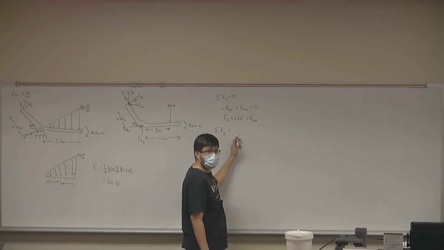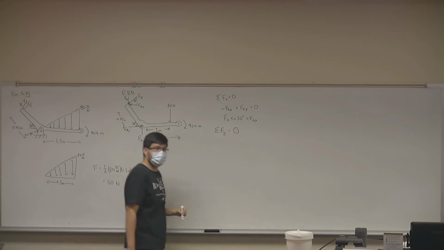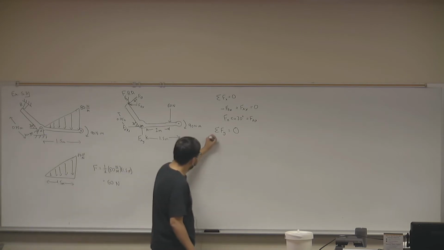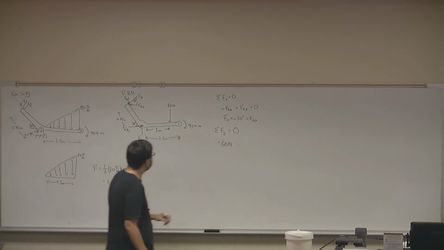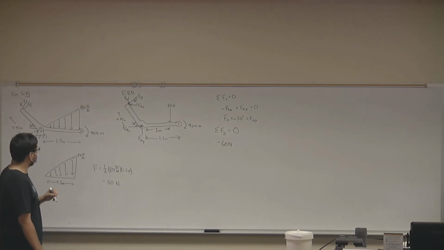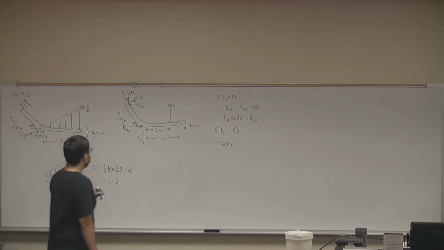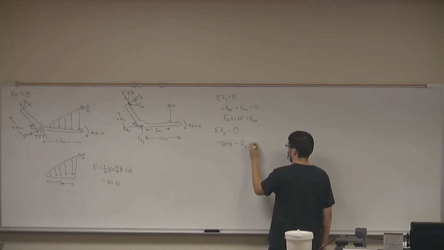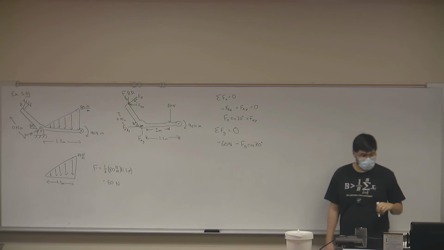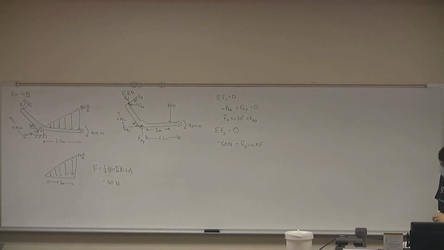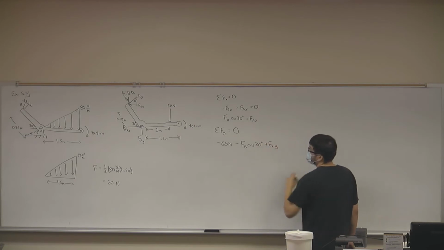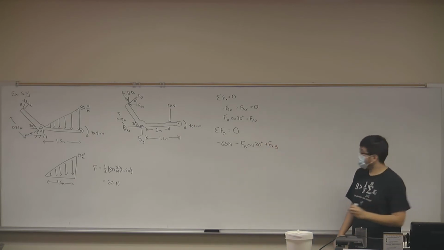So the first one would be our L equals 0. We've got negative 60 newtons, minus FB cosine 30, plus our F Ay, equals 0.